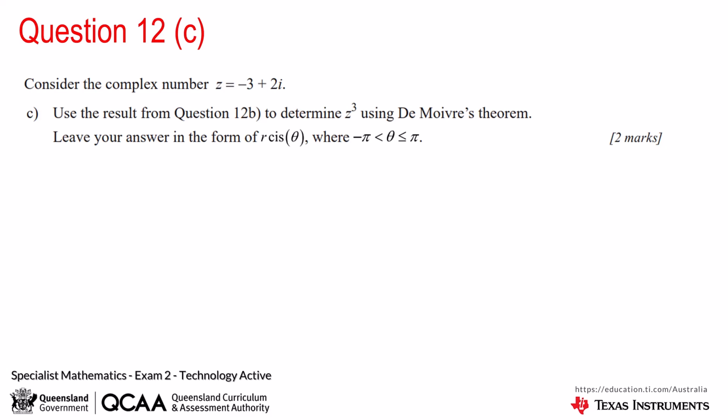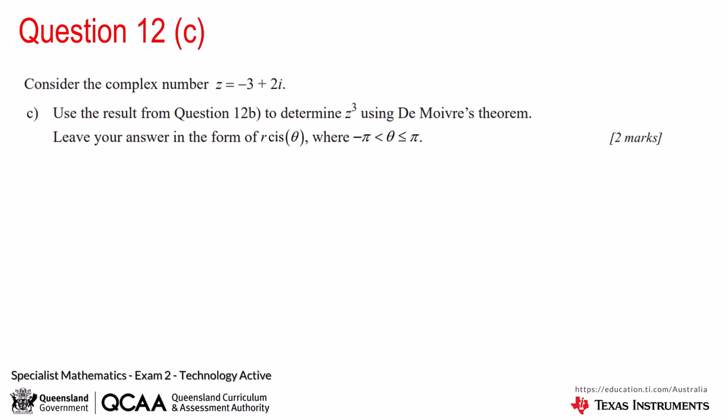Basically z cubed is equal to, including an extra decimal place, 3.605 cubed cis 3 times 2.553, which is equal to 46.872 cis 1.377.